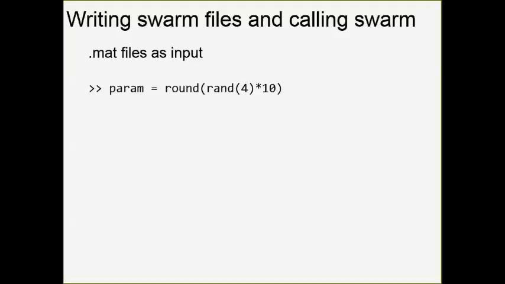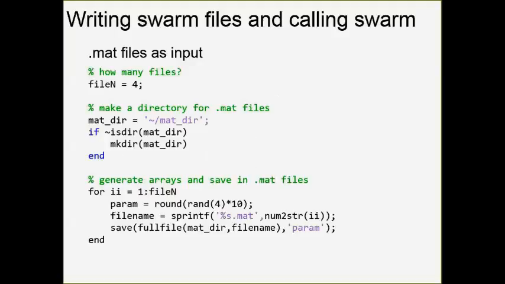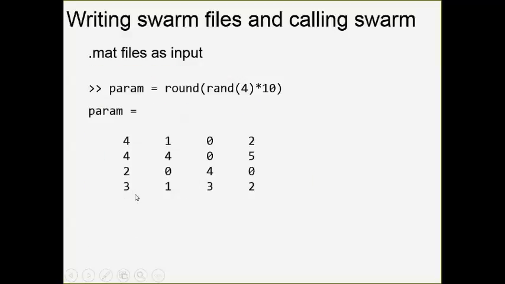So what that would look like, let's go back to the previous example of arrays, because I can generate random arrays easily in MATLAB, just for an example. So let's say I want to pass this array. Okay, so I can write some code. I need to point this out.